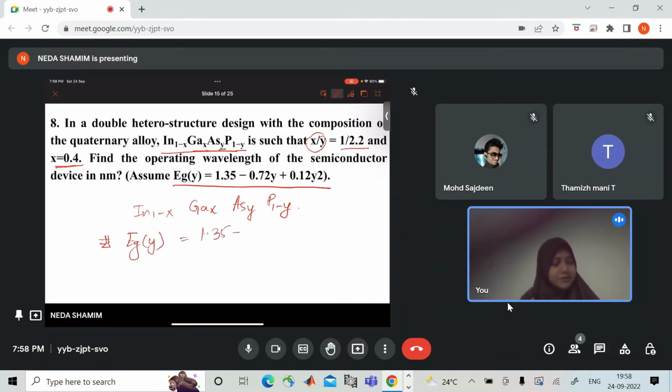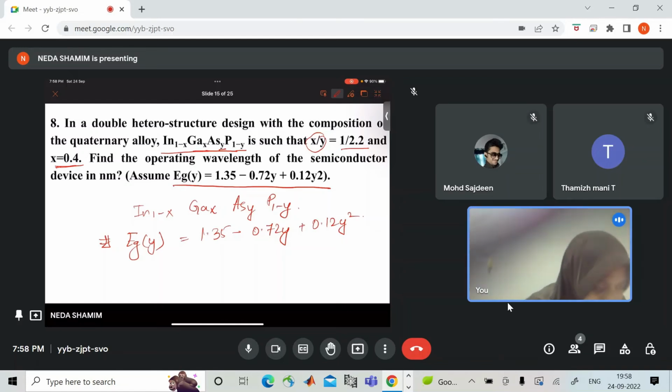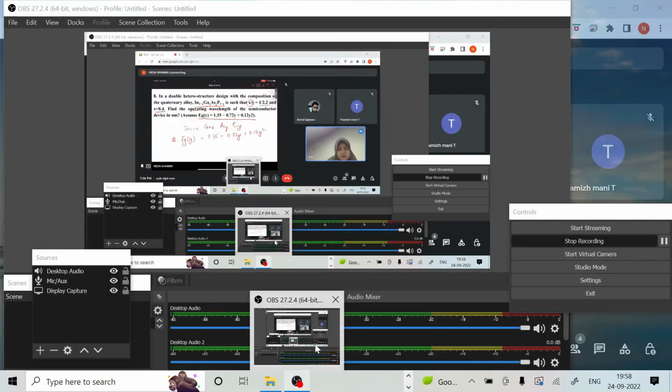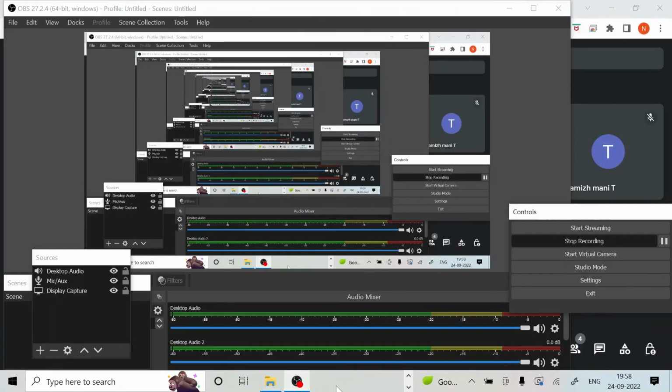This would be the expression of the energy band gap. That will be y square, not y2. You are asked to find the operating wavelength. Now here, what do you mean by operating wavelength?